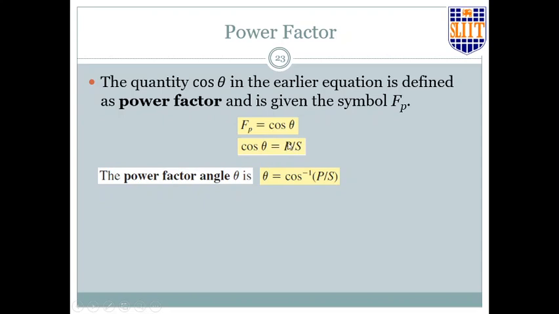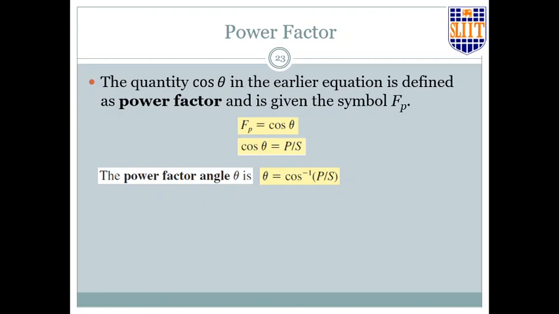Real power is the amount of power that this device can use or convert into any form of energy, like kinetic energy in the case of a fan, light output in the case of a light, heat output in the case of a heater. But the apparent power is what you actually give into it.